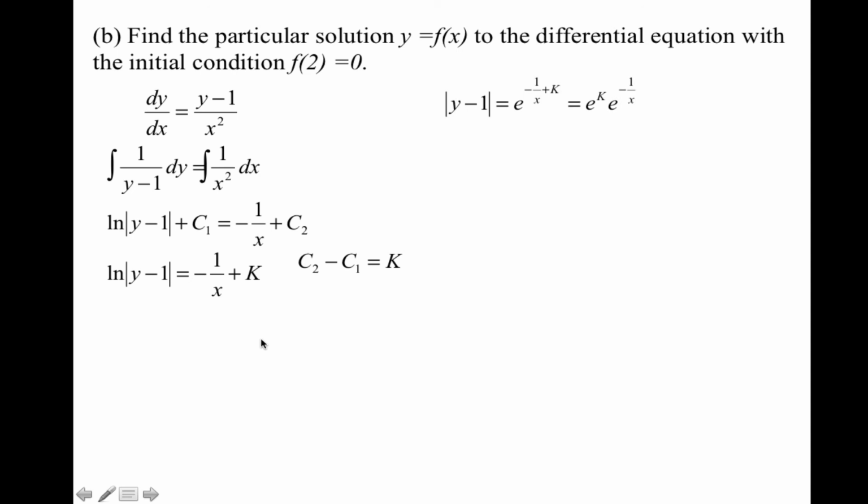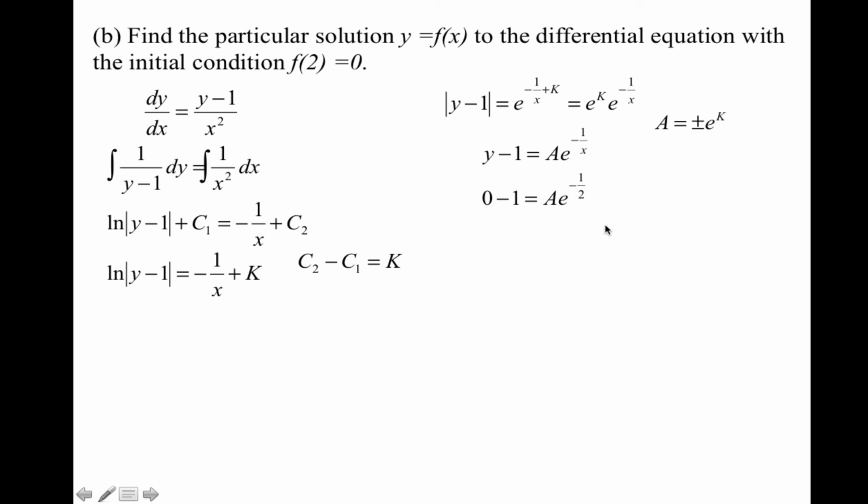And since I have exponents adding together, I can split it up. And since e to the k is some constant, I'm going to let that be a equals plus or minus e to the k. And the reason why I have the plus or minus is because of the absolute value signs. So now I can get rid of the absolute value sign. So I have y minus 1 equals a e to the negative 1 over x.